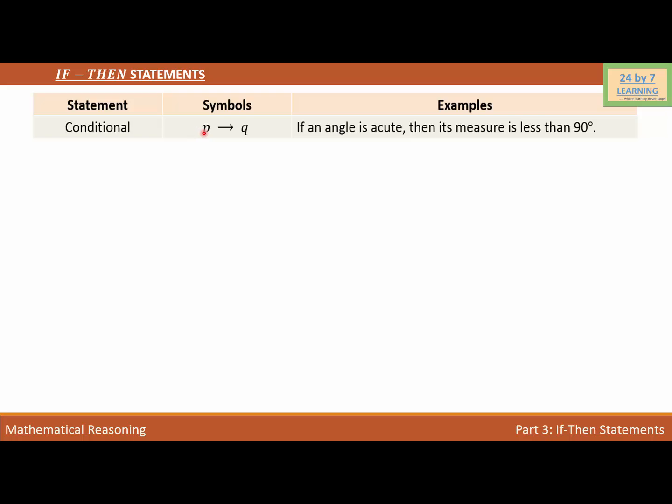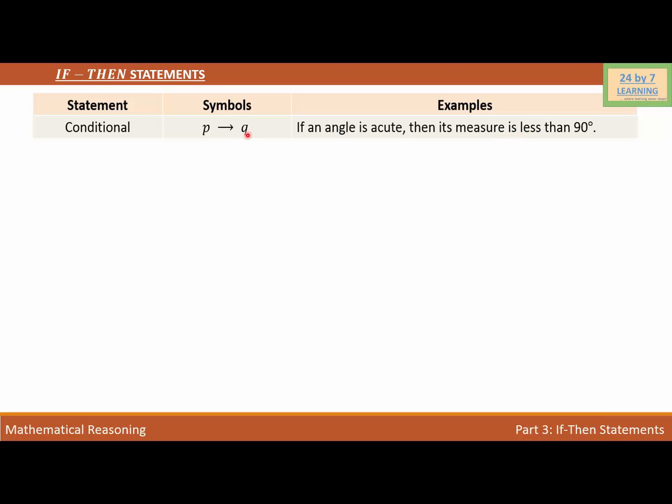As you can see, we have a hypothesis that gives us the conclusion. The example is: if an angle is acute, then its measure is less than 90 degrees. We all know that if the angle is acute, then the measure of the angle lies between 0 and 90 degrees, which is basically less than 90 degrees.